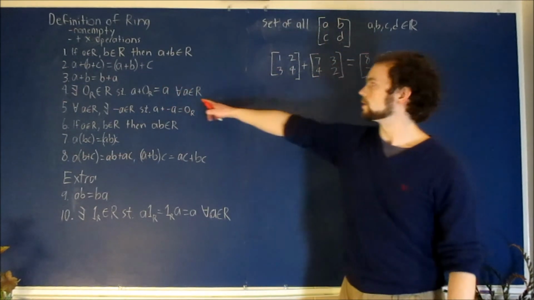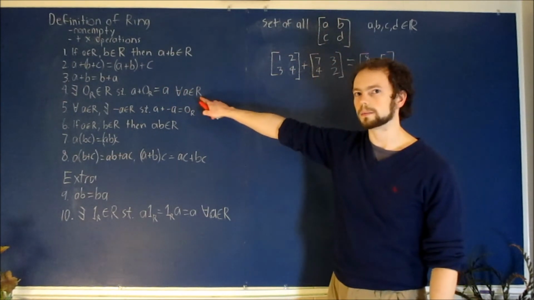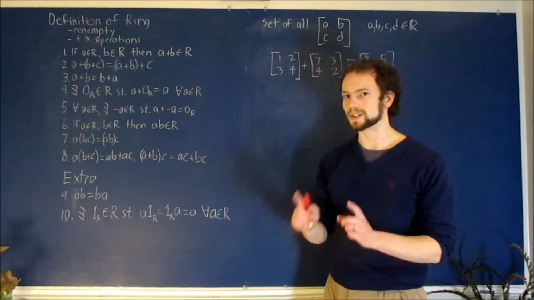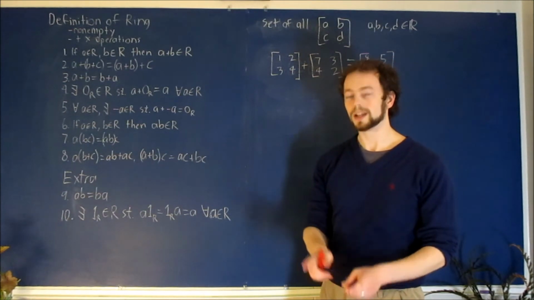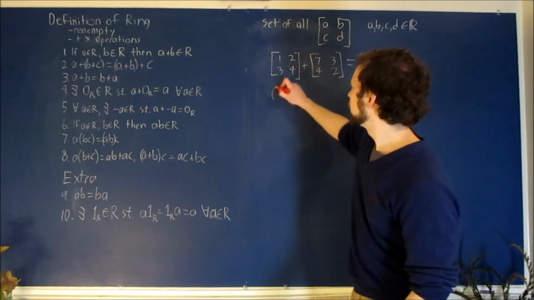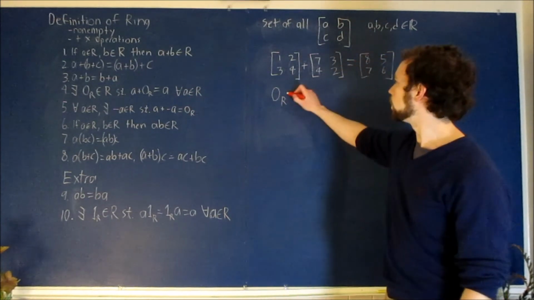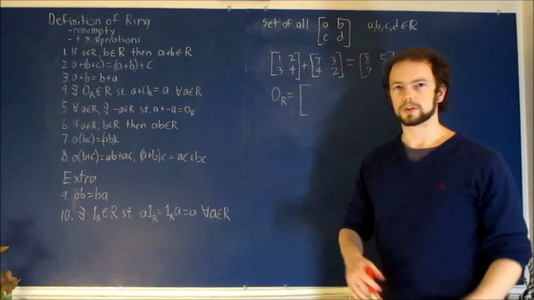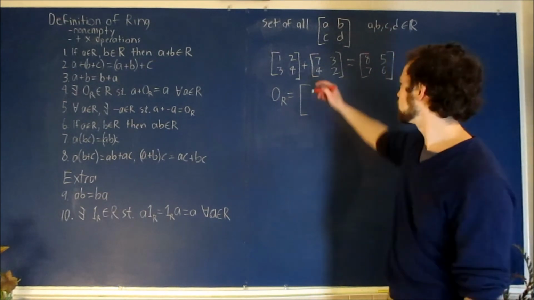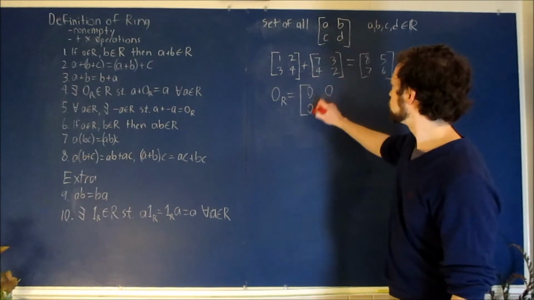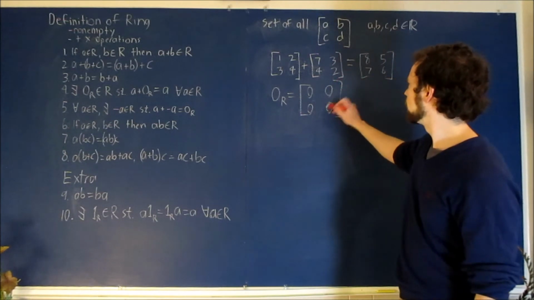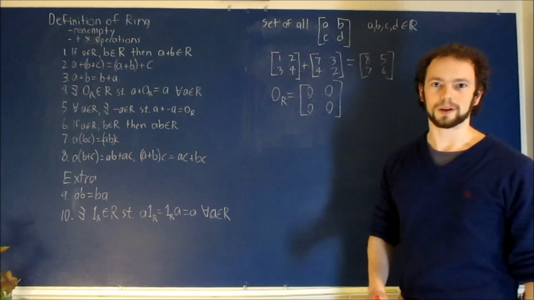This set has a 0 element, but the 0 element is not going to be the number 0 anymore. In this case, this 0 element of the ring is going to be what you might call the 0 matrix. It's just going to be this 2 by 2 matrix where every element is 0.